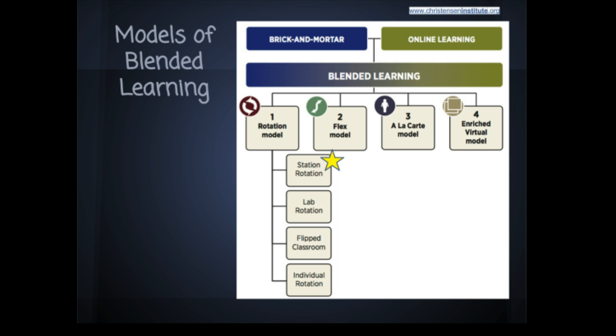So under the rotation model, we have 4 sub-models. The station rotation, also referred to as classroom rotation or in-class rotation, is a rotation model implementation in which, within a given course or subject, students rotate on a fixed schedule or at the teacher's discretion among classroom-based learning modalities. The rotation includes at least one station for online learning.